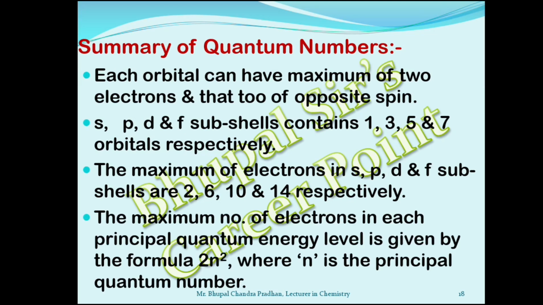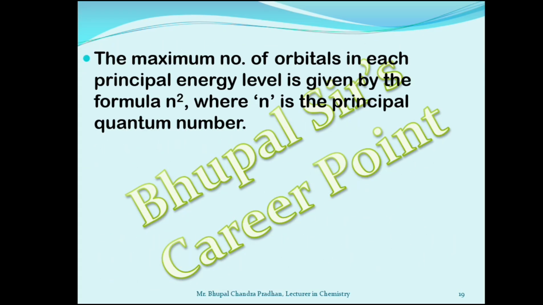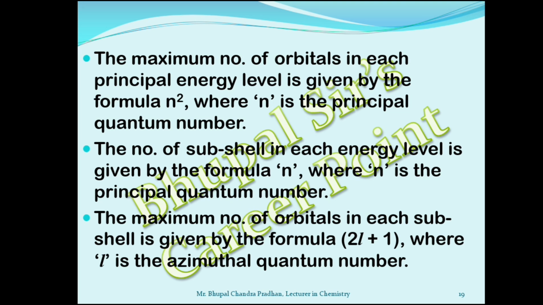The maximum number of electrons in each principal energy level is given by the formula 2n square, where n is the principal quantum number. The maximum number of orbitals in each principal energy level is given by the formula n square. The number of subcells in each energy level is given by n.